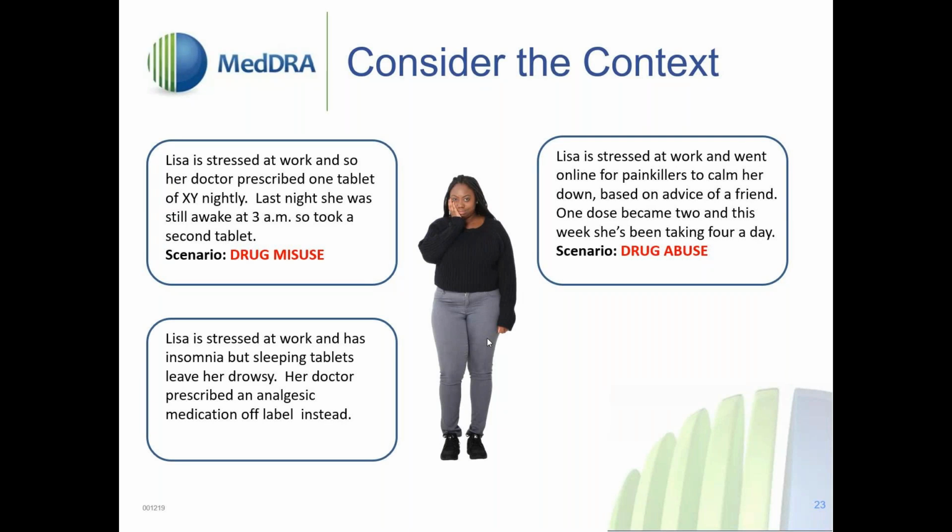In the third scenario, Lisa does not tolerate the sleeping pill. She is dazed after waking up. So the doctor prescribes her a painkiller off-label instead. Here we have a conscious decision by the doctor for therapeutic purposes, and we also know that this is an off-label use for an unapproved indication, an off-label use of the product, the medication.